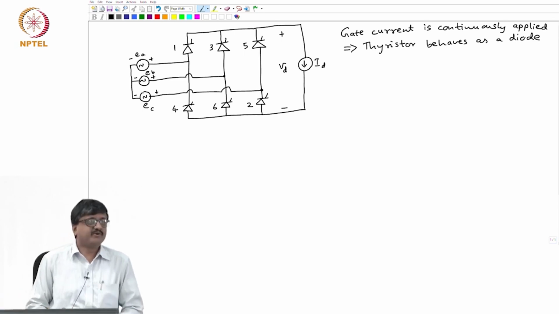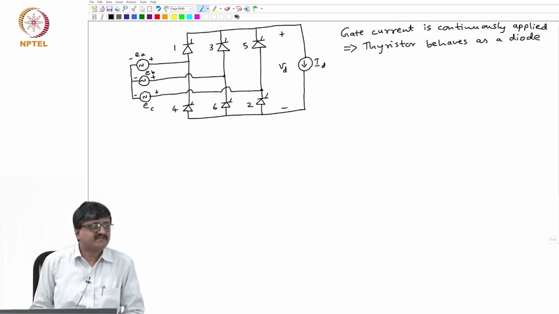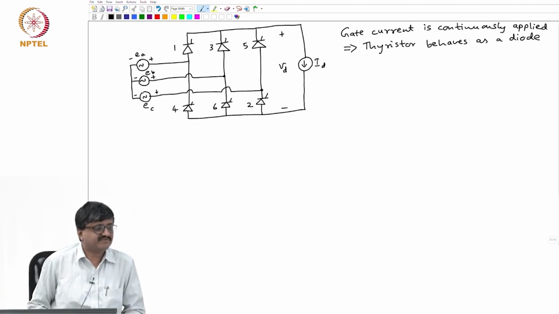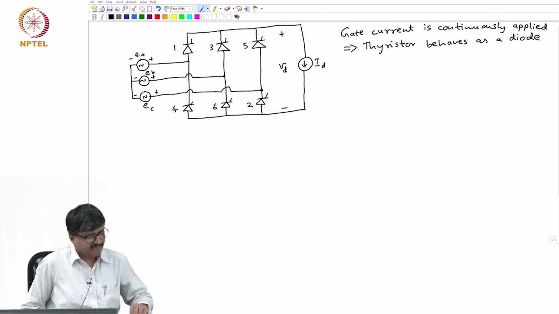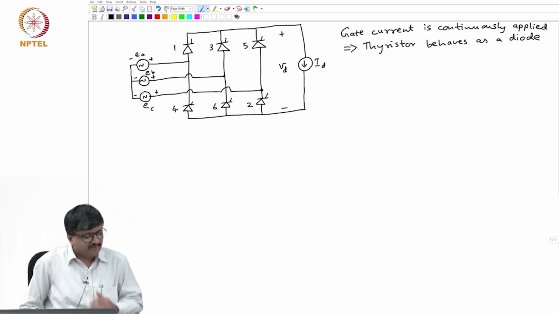So, behaving as a diode means if it is forward biased it conducts, if it is reverse biased it stops conducting.